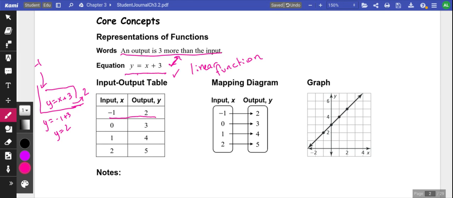So the way you can look at a table and decide if this is a linear function or not is go from input to input to input and ask, how did I get from -1 to 0? Well, I added 1. And from 0 to 1, I added 1. Okay, it's a constant rate of change here on the input.